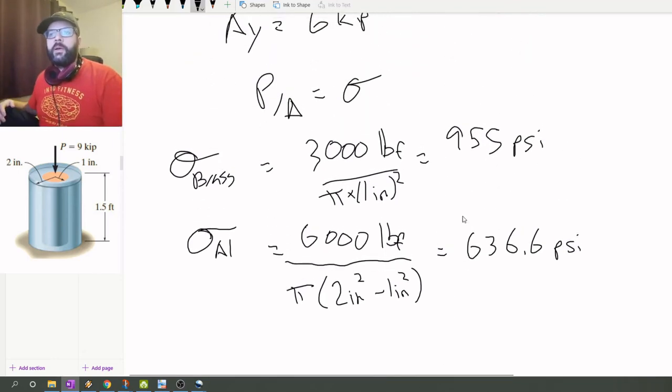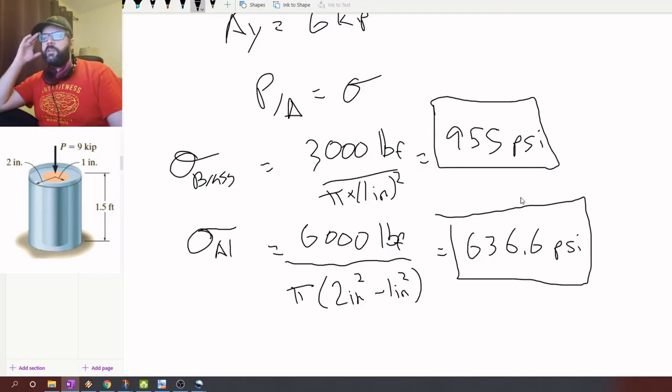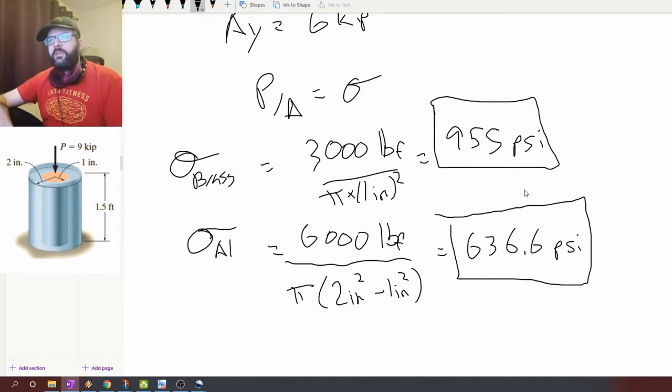So again, the aluminum was carrying a larger load, but it has a lower average stress level, which should not be surprising. Given that they have the same strain and the Young's modulus in the brass is higher, we expect that the stress level in the brass for the same strain is going to be higher as well.